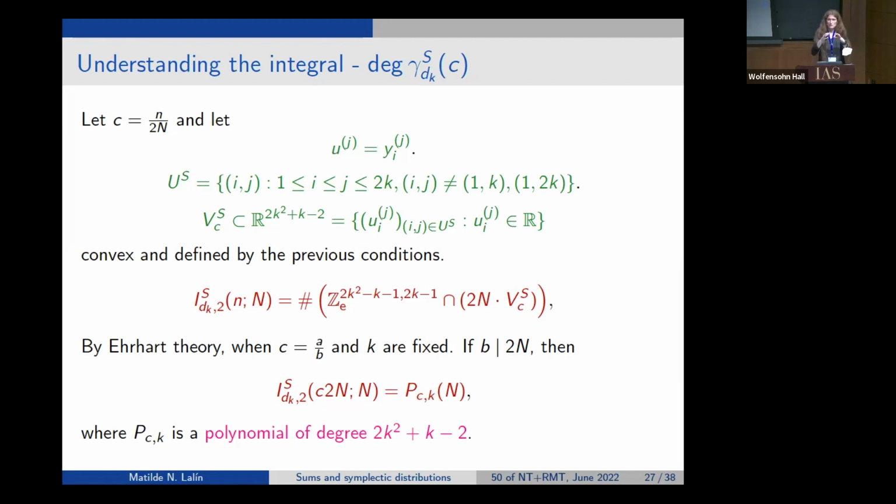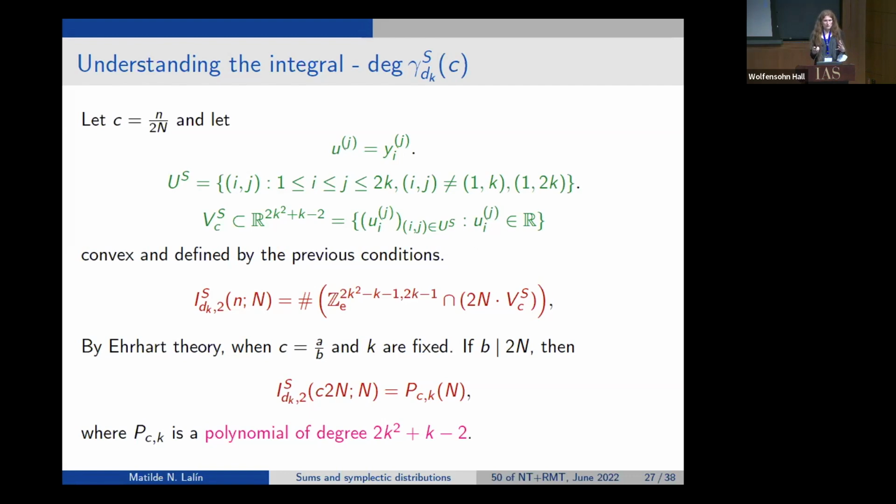But the whole point is that essentially you count the degrees of freedom you have. When you count them, you find that you get 2k squared plus k minus 2. You can do this much more formally than I'm describing with words, but what this ends up giving by Ehrhart theory is that the integral I want to find, for a fixed c, is given by a polynomial in n of degree 2k squared plus k minus 2.